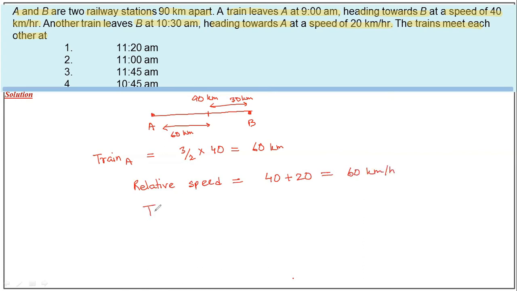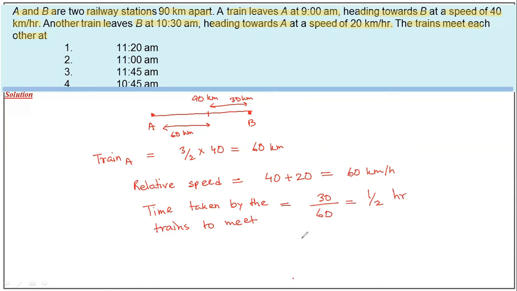So time taken by the trains to meet would be equal to the remaining distance 30 by the relative speed 60, that is half hour.